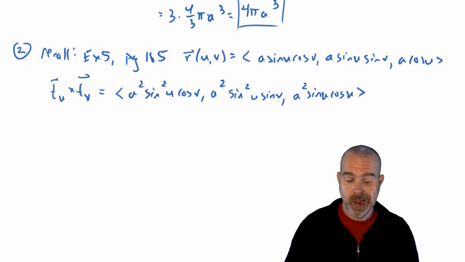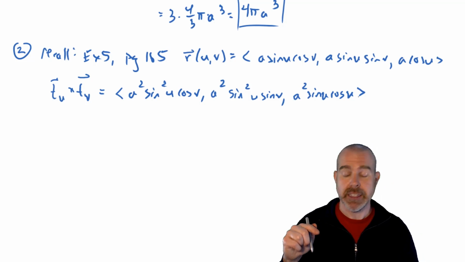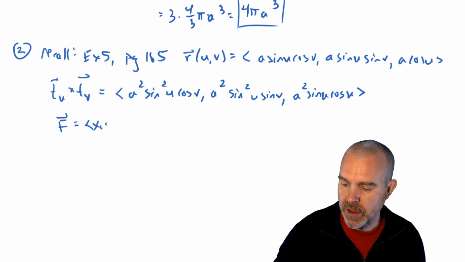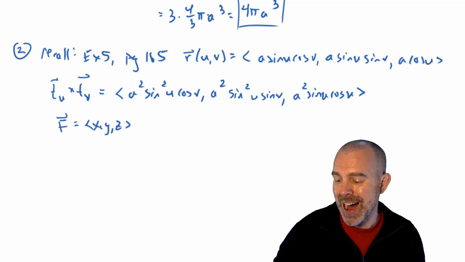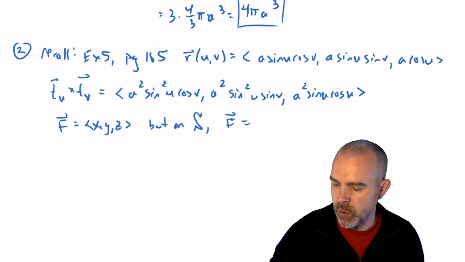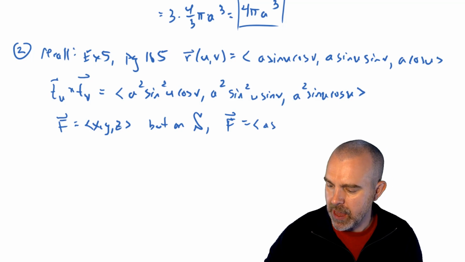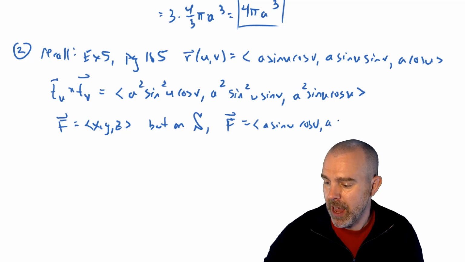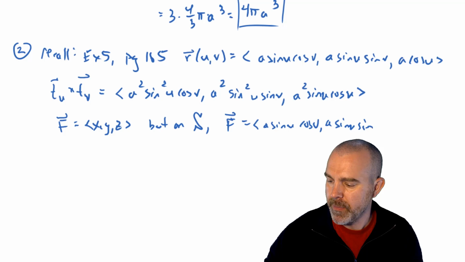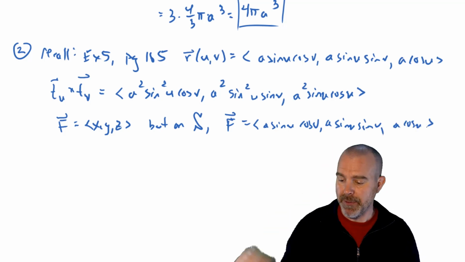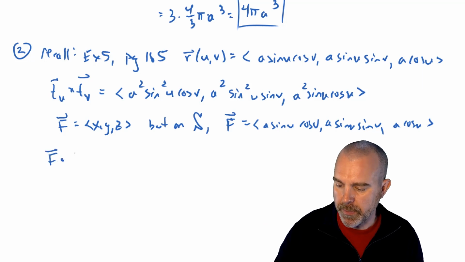Okay, and then we're going to need to take the dot product of that with f. Now f equals x, y, z, but on S, on our surface, f will equal a sin u cos v, a sin u sin v, and a cos u. So the field is actually the same as the surface. Now we have to take the dot product of these two vectors.